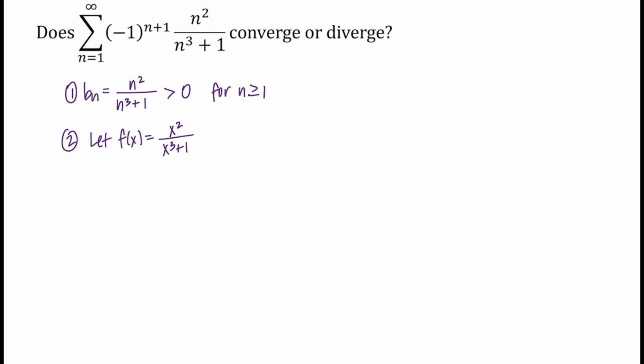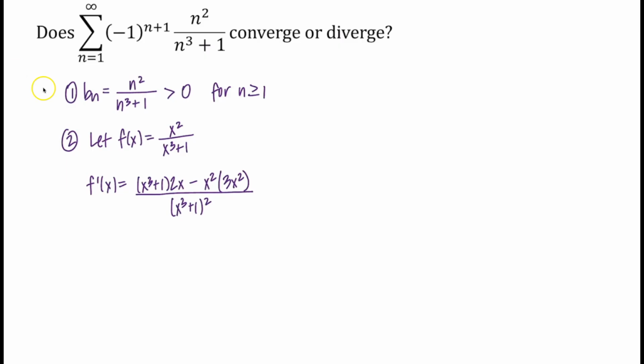So we're going to do the quotient rule. We'll look at f prime of x as the bottom function, low d high, the derivative of the top, 2x, minus the top function, high, 2x d low, the derivative of the bottom, 3x squared, all over the bottom squared, x cubed plus 1 squared.